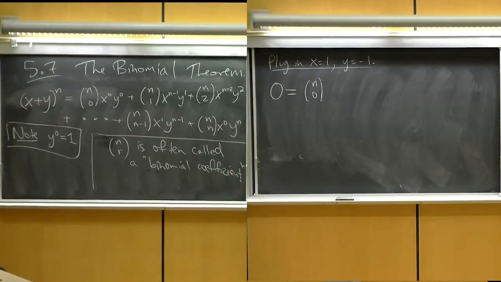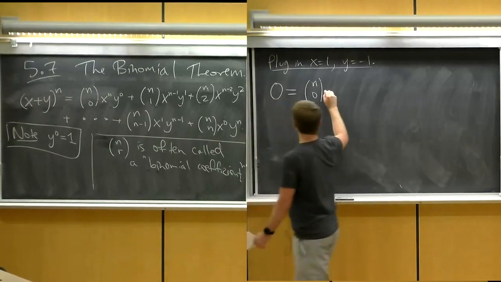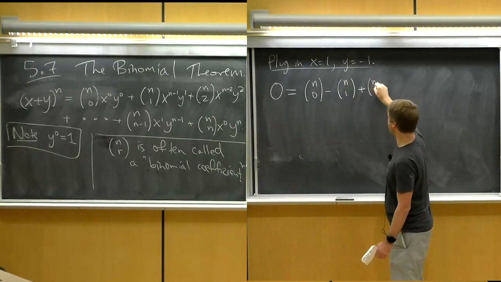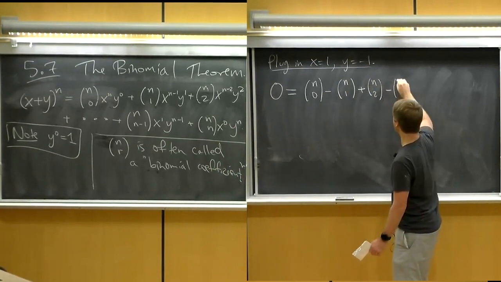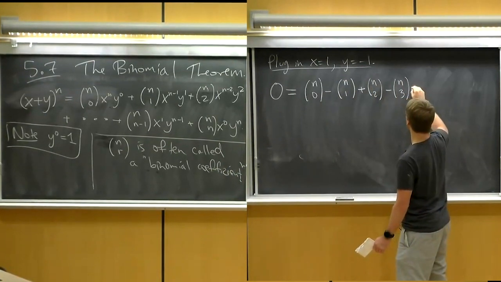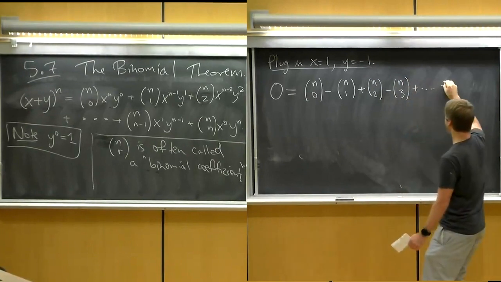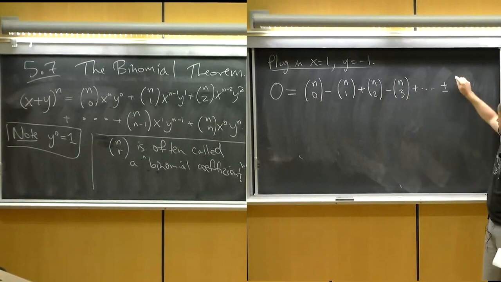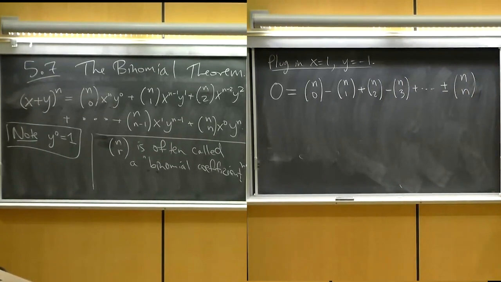Negative 1 squared is 1. So my next term is minus n choose 1. I get plus n choose 2, minus n choose 3, plus dot, dot, dot. The last term is not so clear. It'll either be a plus or a minus, depending on if n is even or odd.